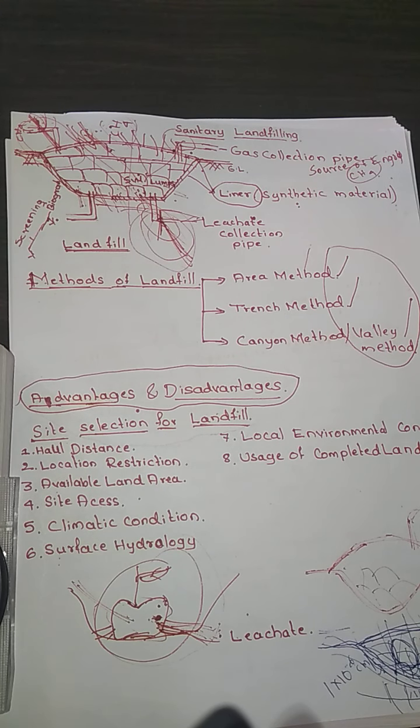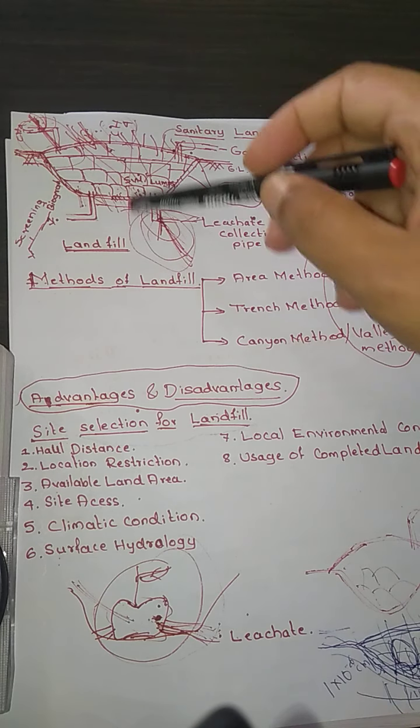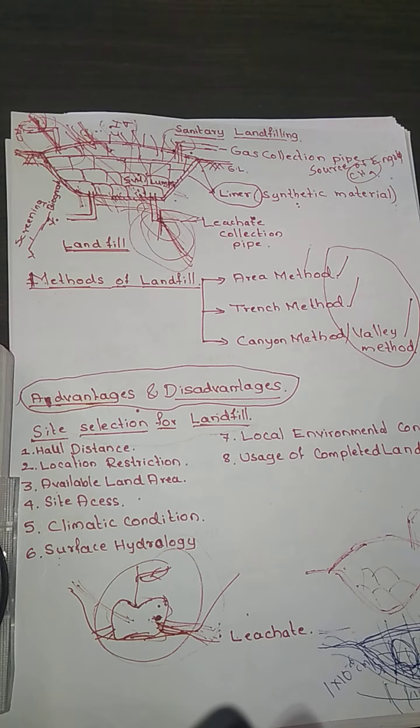Now we will see how we can have control on the gases that are generated in the sanitary landfill. We can collect them by using active and passive gas collection pumps, and the leachate can be collected by having a collection point over here.